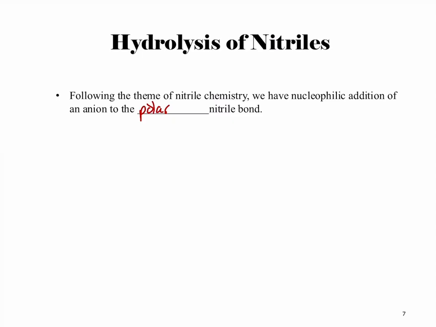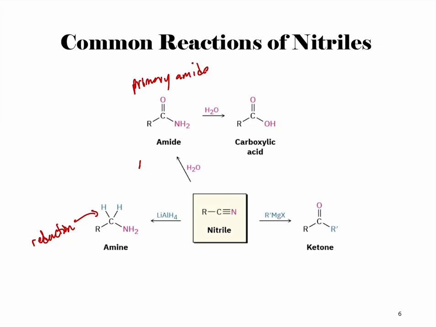And so the general mechanism for this is going to look something like this. In our hydrolysis, this is usually going to require some strong base for this to happen. It can require an acid to create the same effect, so you can have this acid or base catalyzed.